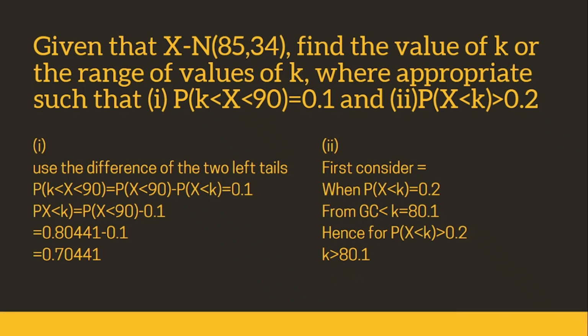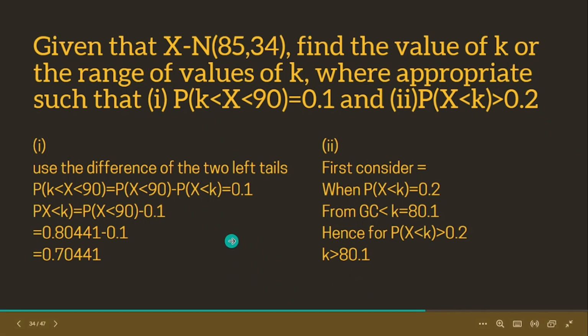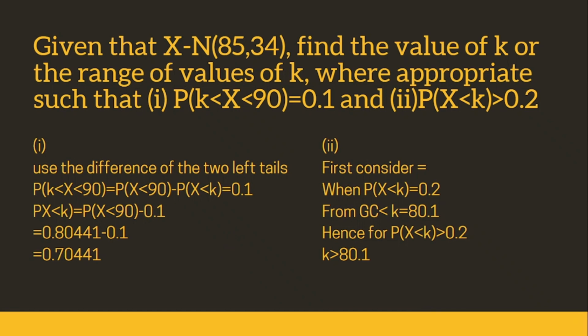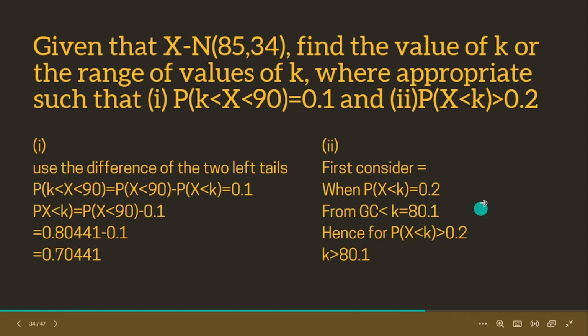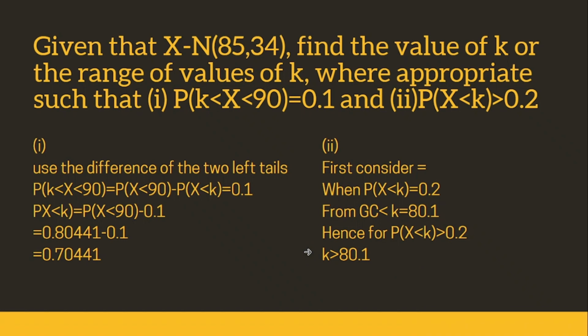So you just consider where the 80.1 lies on the spectrum. For example, if our k is greater than 80.1, then that means we are looking at a further value. So that's why we are considering k more than 80.1. Whereas if k is less than 80.1, like 79, there's still more area after that part of the graph, and so in that case, it will be less than 0.2. And so that's why in this case, we have k more than 80.1.